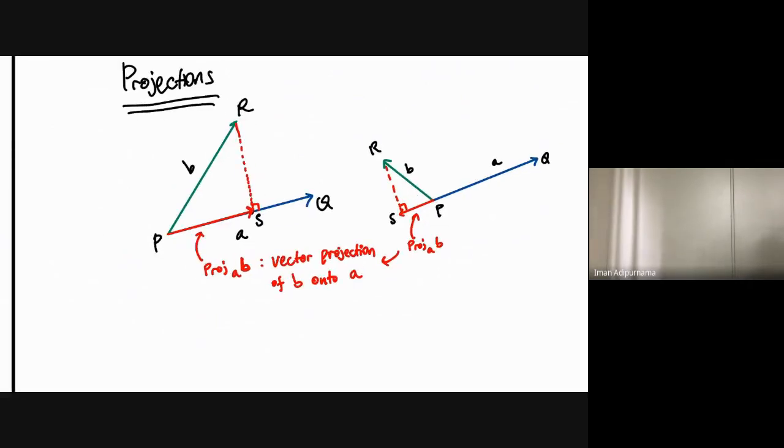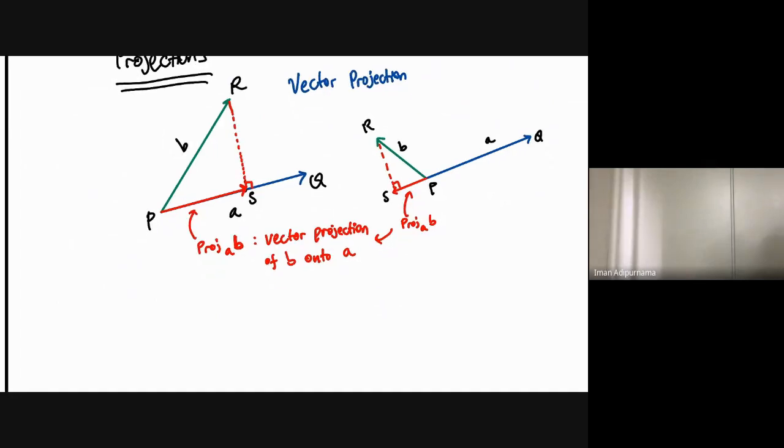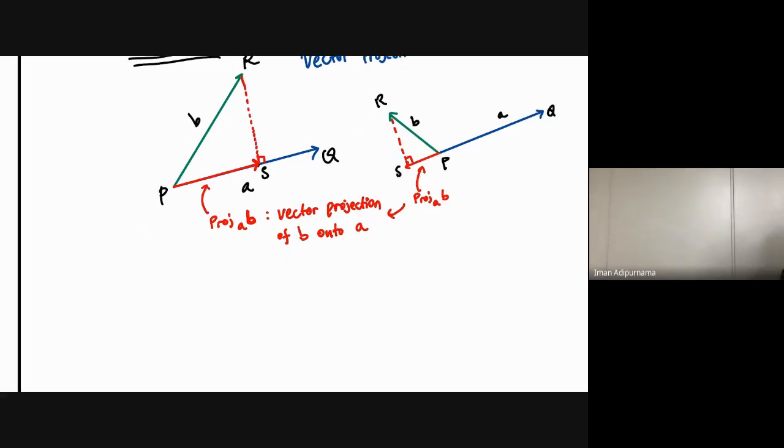So first, let me write it in. This is called the vector projection. Maybe I'll write the formula first, and the next one is the scalar projection.